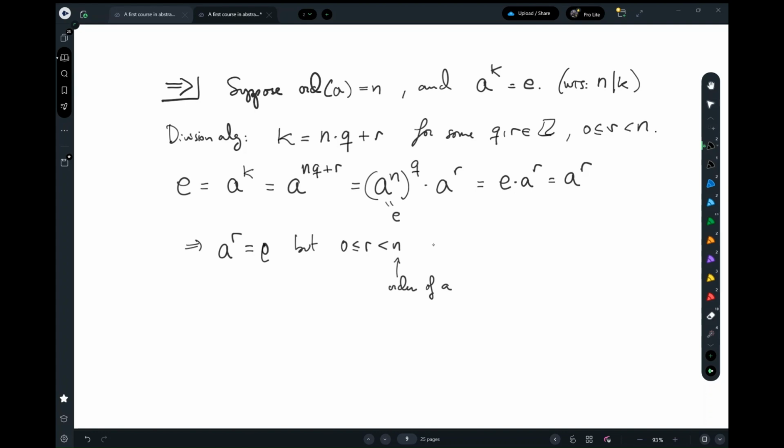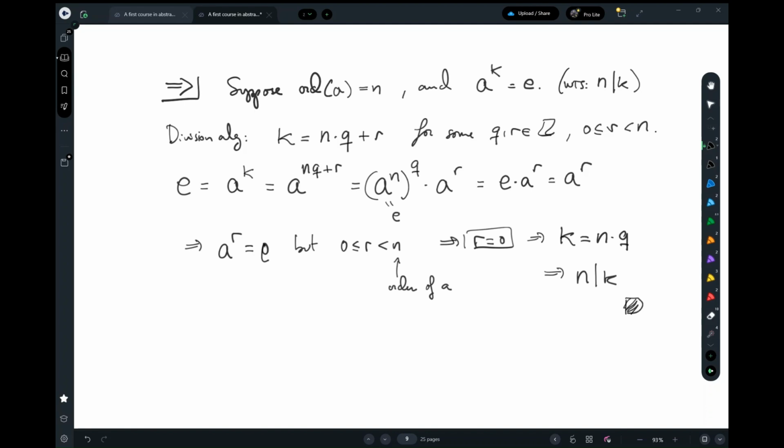So it must be that r is 0. But if r is 0, that says that K is n times q, and therefore n divides K, like we wanted to show. So the only powers of A that will give me the identity are those that are divisible by the order of A.